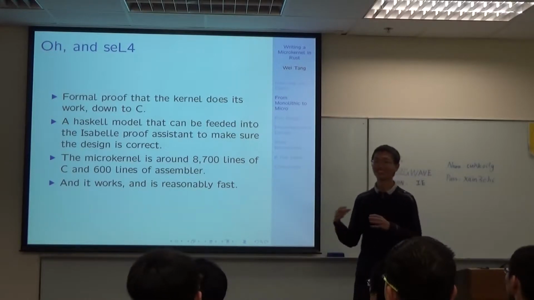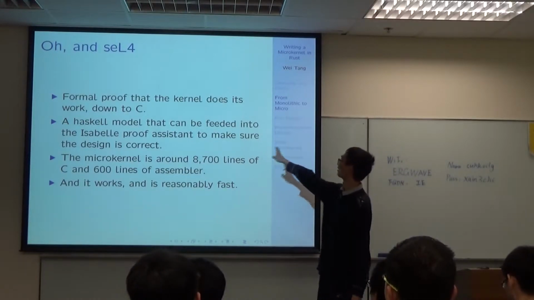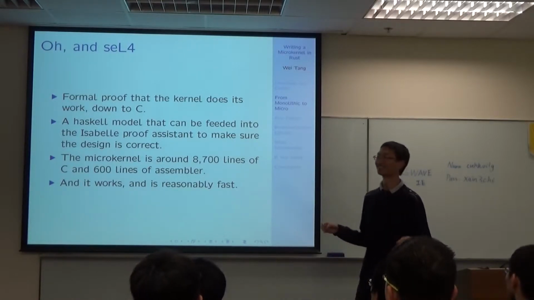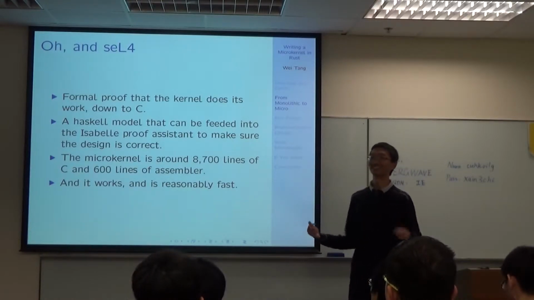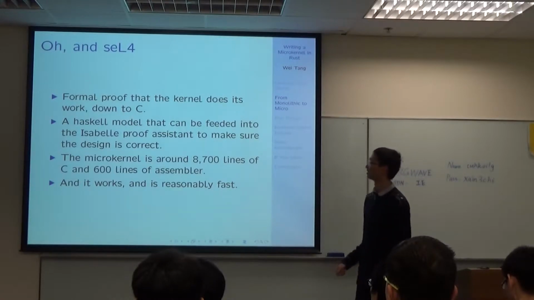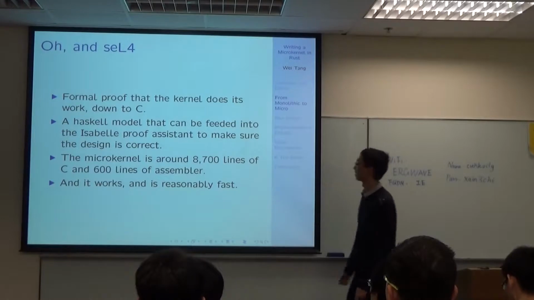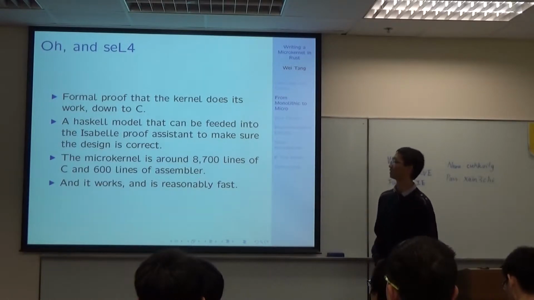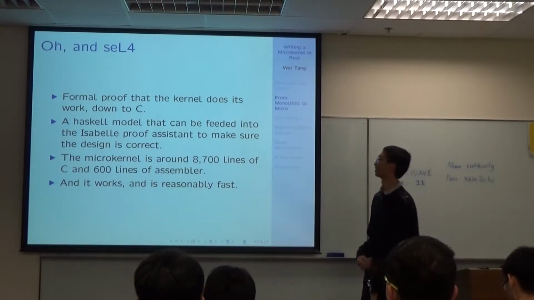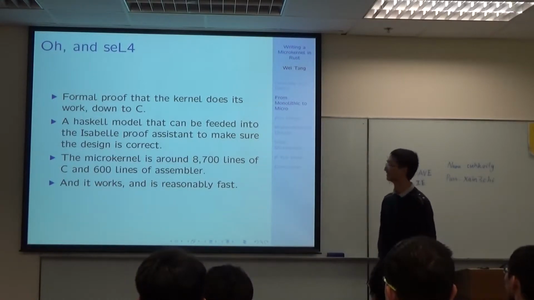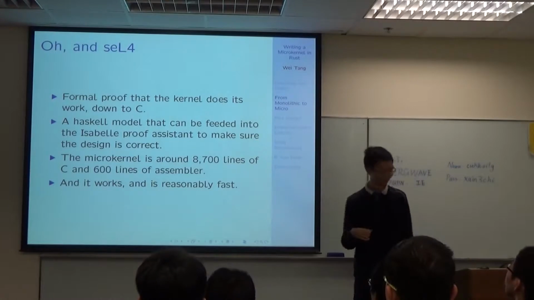Basically, they can be fitted into a proof assistant, and it says you can't just randomly crash this kernel. And the kernel is pretty small, around 9,000 lines of C and 600 lines of assembler. And it really works, and it's reasonably fast.